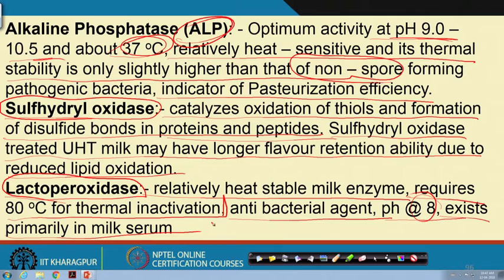Milk serum, we have already said this distinction between serum and plasma earlier, right. So, it requires 80° centigrade for thermal inactivation and it is an antibacterial agent.